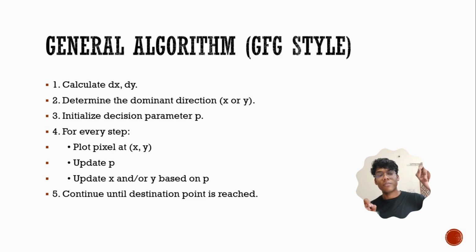Say I'm starting from point 1,1 on the x-axis and y-axis, going through the coordinate system up to 7,7. How many points are going to come between these two points? We find the points that will help us connect 1,1 and 7,7.